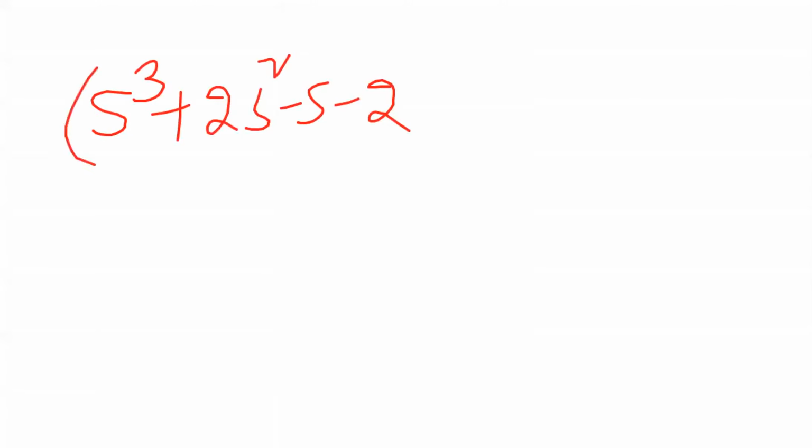So we have to finish this problem. In the last step, (s cube plus 2s square minus s minus 2) into y bar is equal to 6, and we divide by s cube plus 2s square minus s minus 2 on both sides.